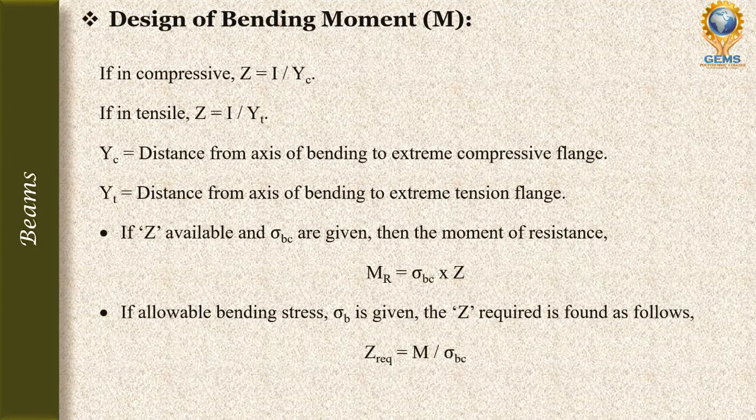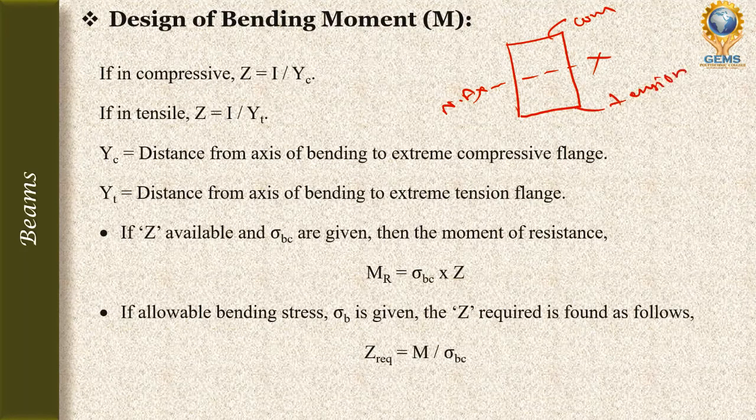So if you are considering the compression flange, this is the neutral axis, and this is the tension flange. If you are considering the modulus of section for a compression flange, then z is equal to I by yc. So yc is the distance from the axis of bending to the extreme compression flange.